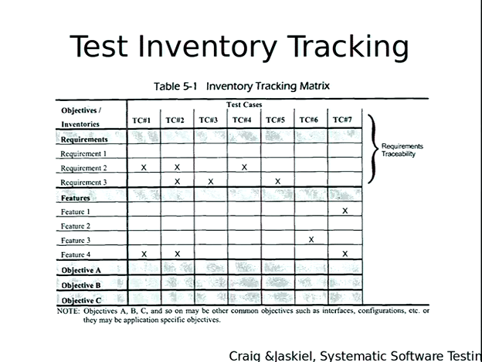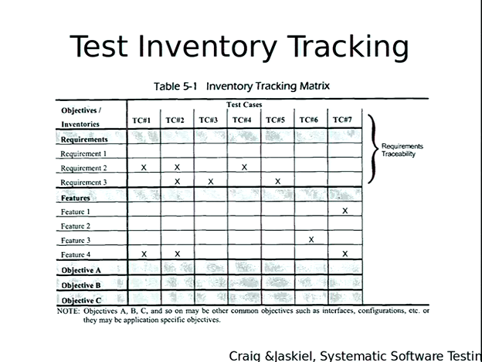And the test matrix basically allows you to figure out what tests are associated with which requirements or which features. Basically, if a feature here has an empty row, what does that suggest to you? Yeah, there's no test in place to test that feature. Could that be a problem?